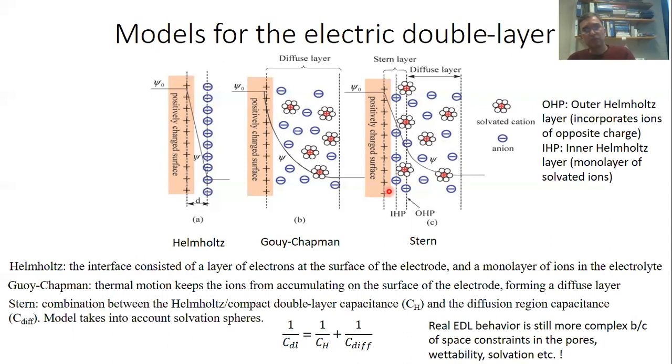So the reality is even significantly more complex than what these three models tell us. Nonetheless, these three models work reasonably well to at least roughly describe the electric double layer. All right, so this is what I wanted to tell you about supercapacitors.